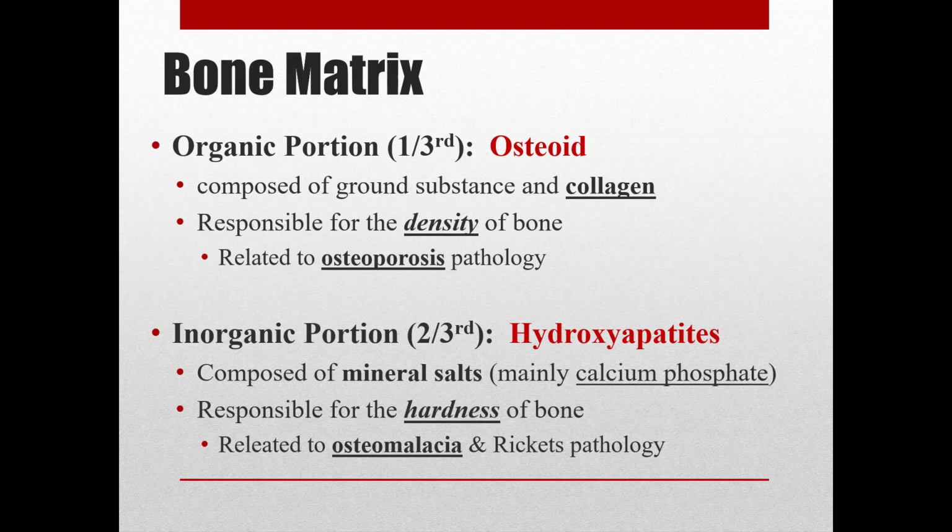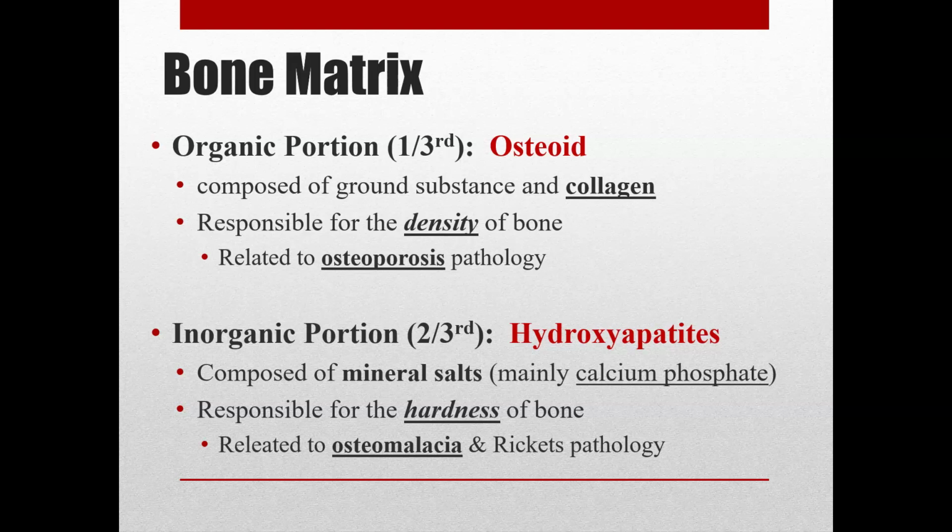So yeah, and the keywords, guys, it's the organic portion that gives you the collagen. The collagen gives you the density, and if you flip that, without the density, you get osteoporosis, thickness of bone. If I don't have the inorganic portion, which is the mineral salts, the calcium, then I'll lose the hardness of bone, which becomes osteomalacia.